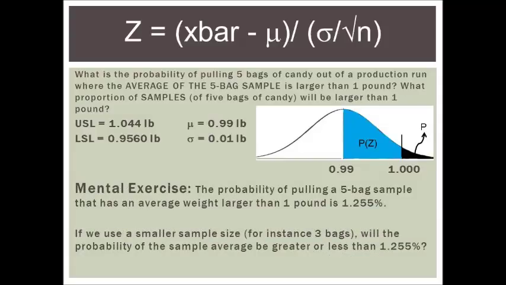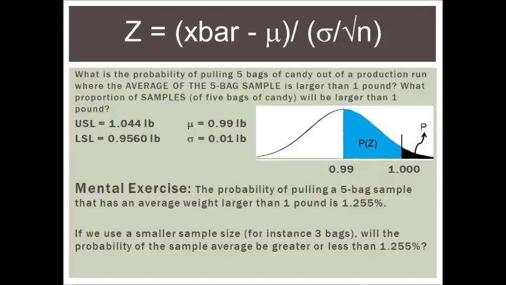All right, let's do a little mental exercise. We just found out that the probability of pulling a 5-bag sample that has an average weight of larger than 1 pound is 1.255%. So that's the probability of pulling 5 bags out of our bin of bags of candy and weighing them and finding that the average is larger than 1 pound.